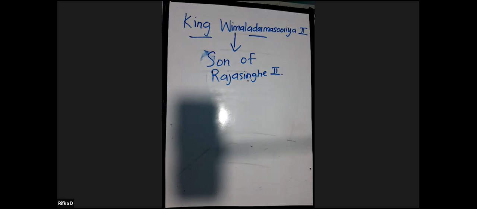But children, King Vimala Surya II was not like his father. We know that Vimala Surya's father, Rajasingha II, was a great warrior. But Vimala Surya II did not have that quality. He was not as powerful or as clever as his father.